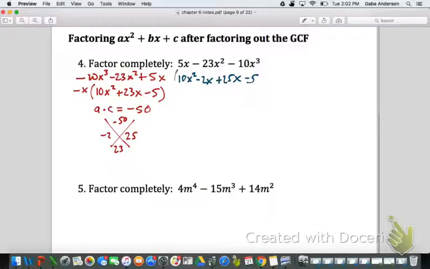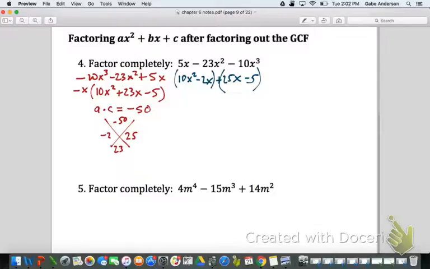I would group my first two, and I would group my second two. Sam, what factors out of the first two? What's the greatest common factor? X and negative 2.